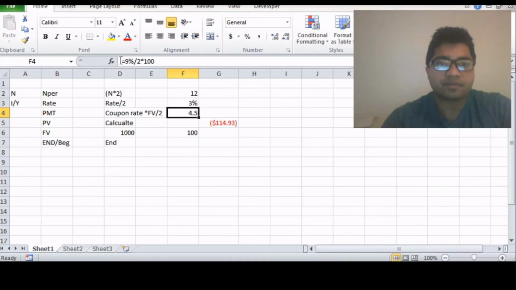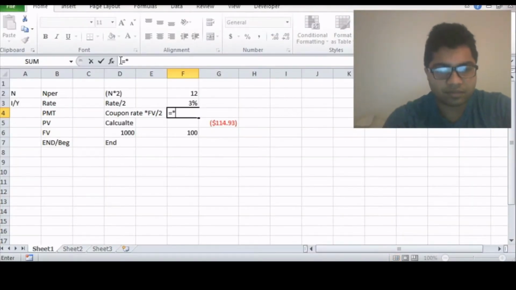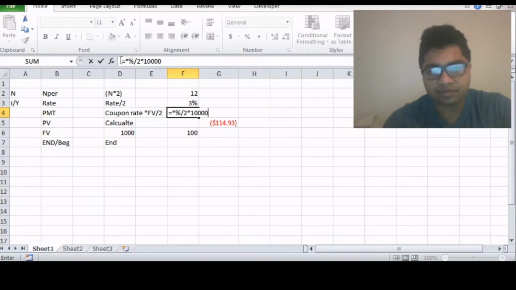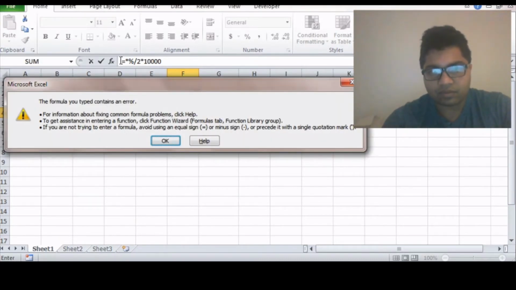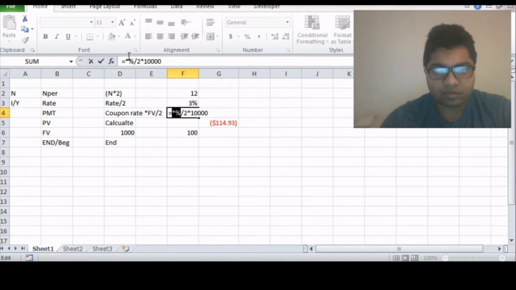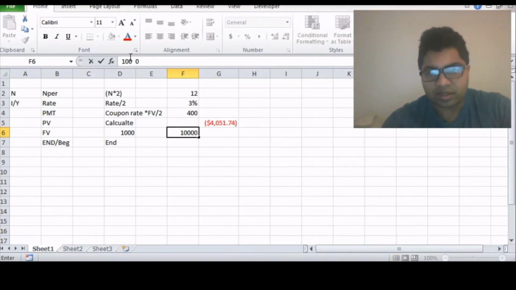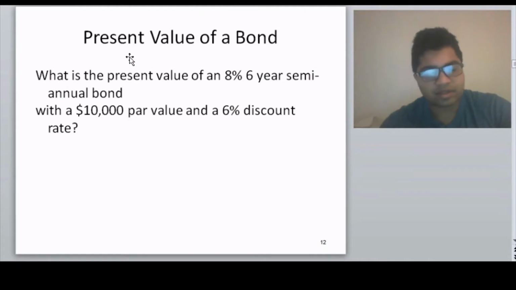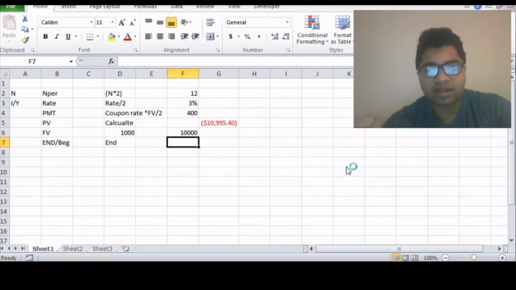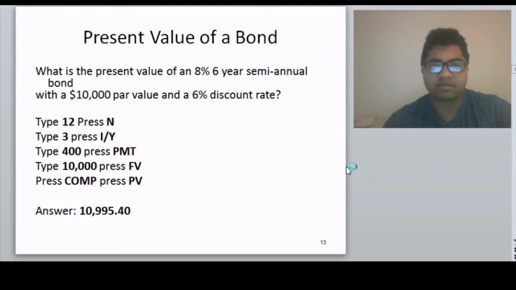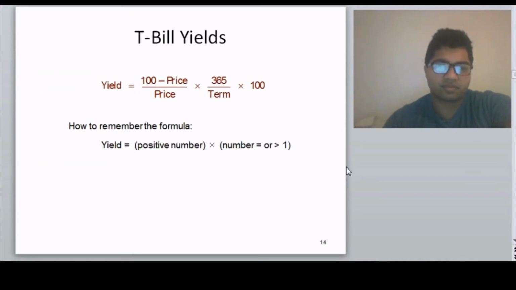Coupon rate is 8%, divide by 2, multiplied by 10,000. And the par value is 10,000. So the answer is $10,995. Okay.